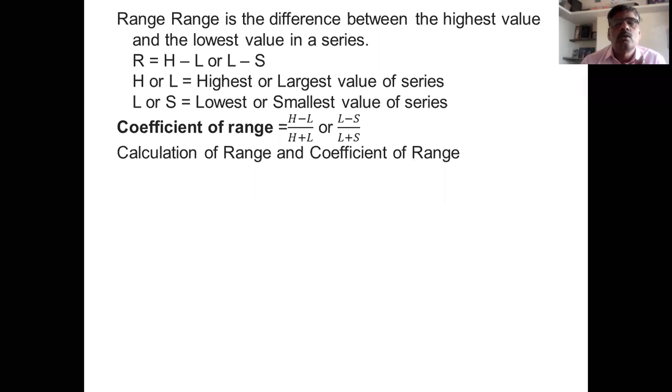That is the range, which is called an absolute measure. If you calculate the relative measure, then it is highest minus lowest divided by highest plus lowest, or largest minus smallest divided by largest plus smallest. In this way, you have to apply the equation. Okay, you see this.